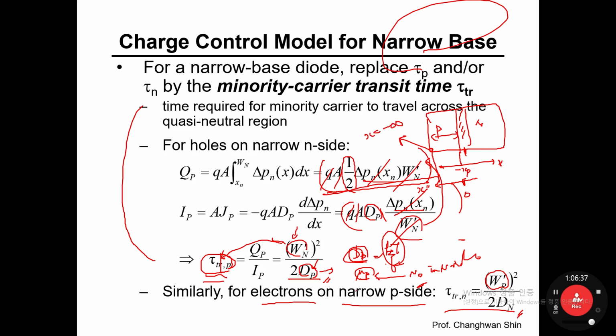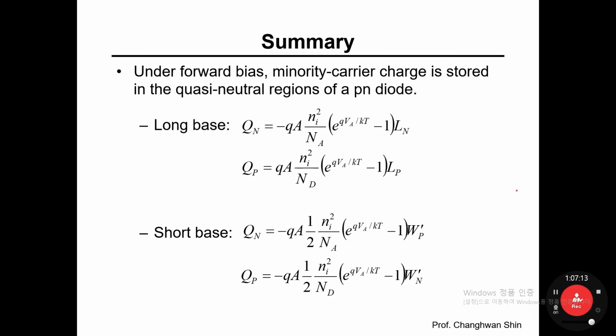But since we are talking about narrow p side, so this edge corresponding to x2 prime coordinate system, the edge of p side is equal to Wp prime. Okay, so this value is Wp prime. So if this is Wp along x coordinate system, Wp minus xp is equal to Wp prime. Okay, all right, so that's all for the charge control model.